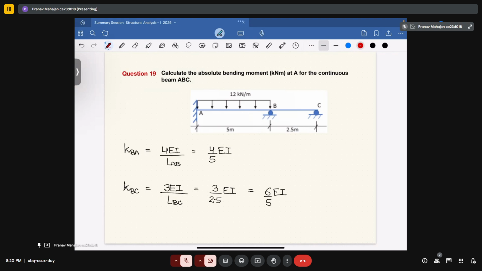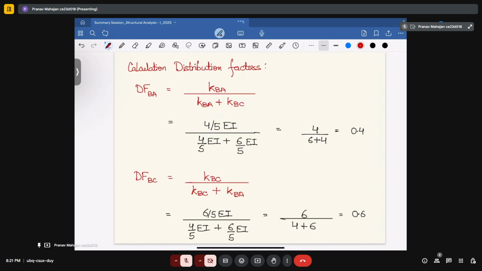Since the far end in BA is a fixed support, that will give you the stiffness equal to 4EI upon LAB. And when your far end is a hinge support, you will get the value as 3EI upon LBC. Substituting the values, you will get KBA equal to 4 upon 5 EI, whereas KBC will come out to be equal to 6 upon 5 EI.